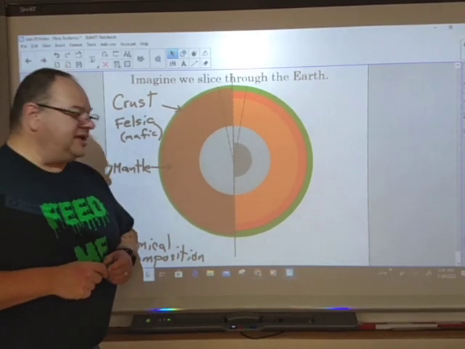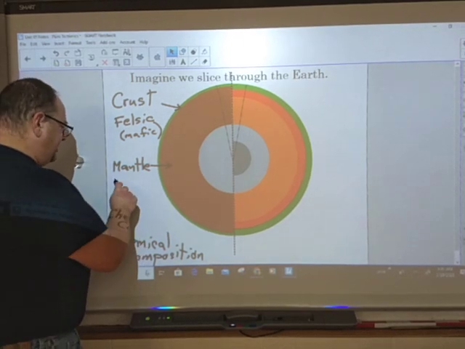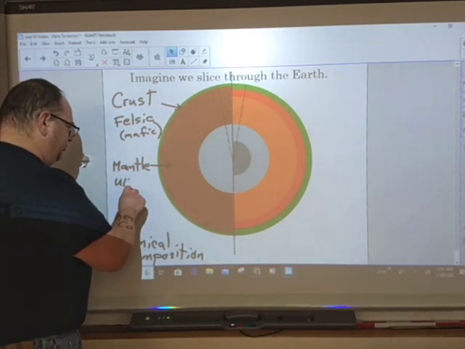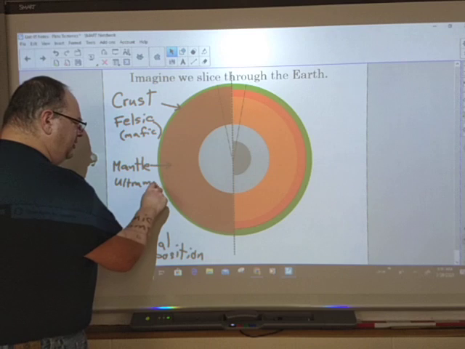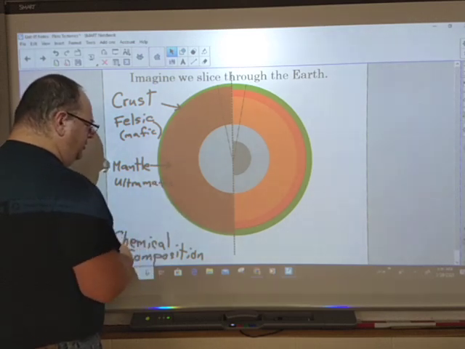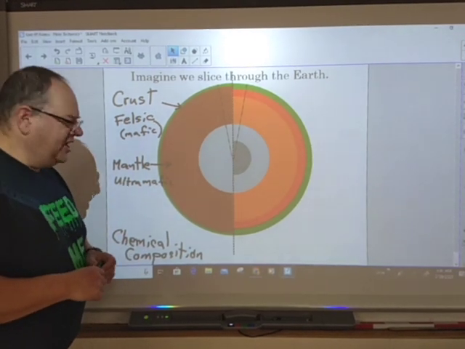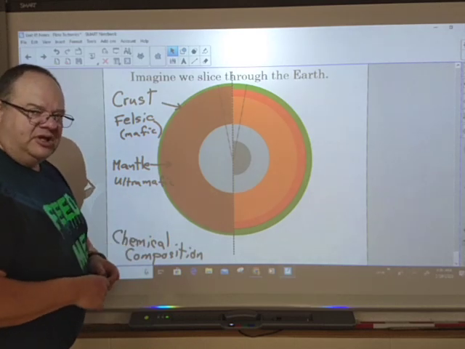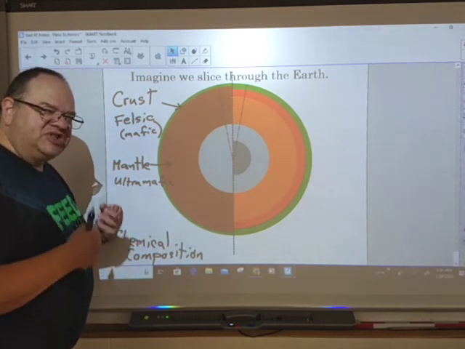All right, so what is the mantle made of? This is ultra mafic. So ultra mafic meaning very little silica. This is heavier, dense rock.